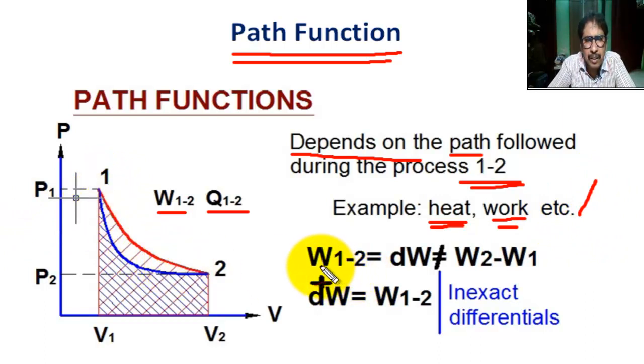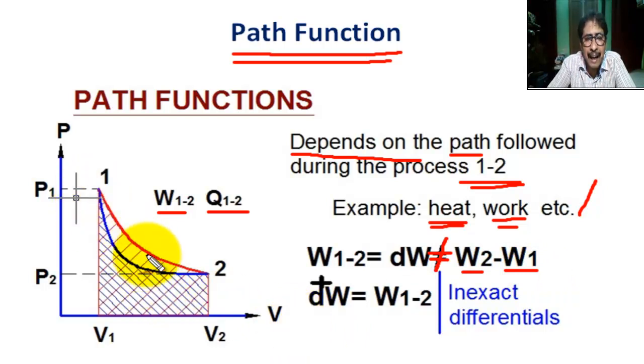During the process 1 2, work done W12 equal to integral of dW; this cannot be represented by W2 minus W1. Value of W12 is the area under the curve, not depend upon W2 minus W1.